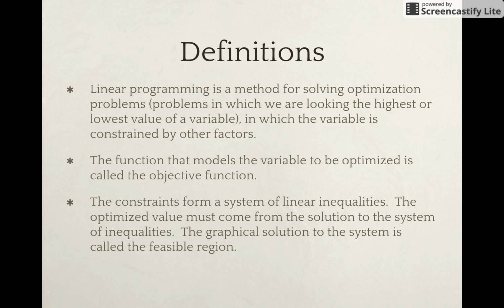And the big idea with linear programming is that the optimized value for our objective function must come from the solution to the system of inequalities. The graphical solution to the system of inequalities is called the feasible region. So in a linear programming problem, the solution must come from the feasible region.